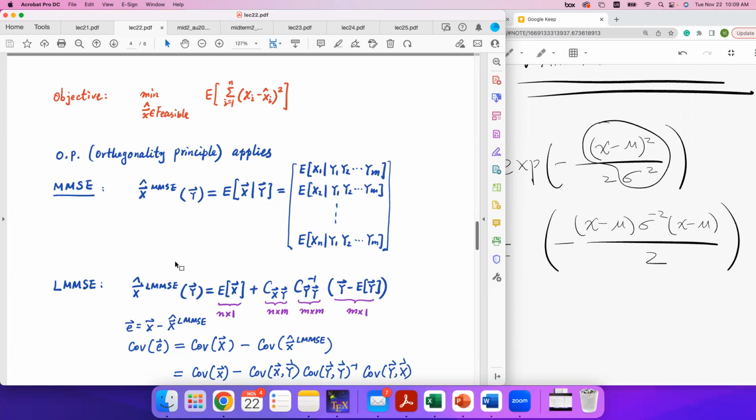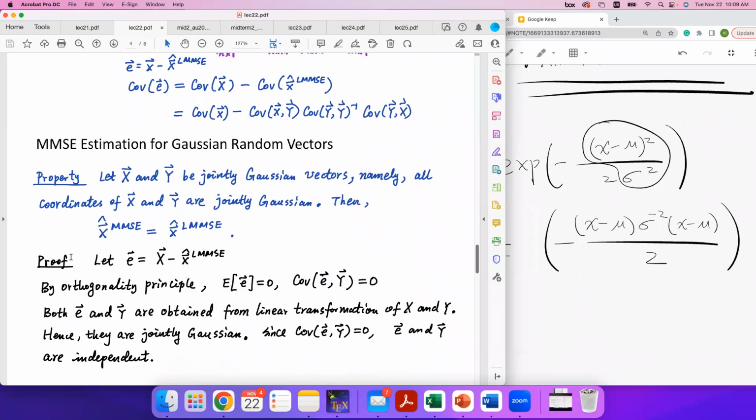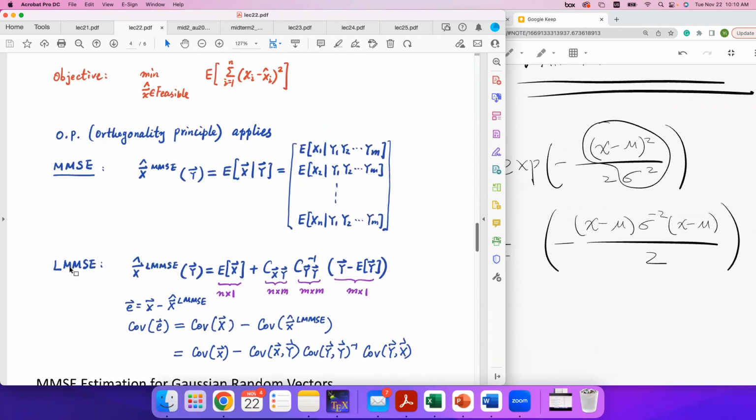Everything becomes vectors and matrices. So this is the general MMSE framework for random vectors.